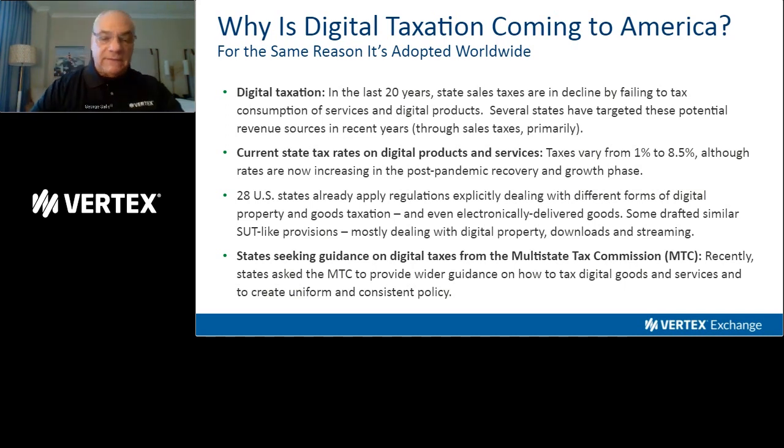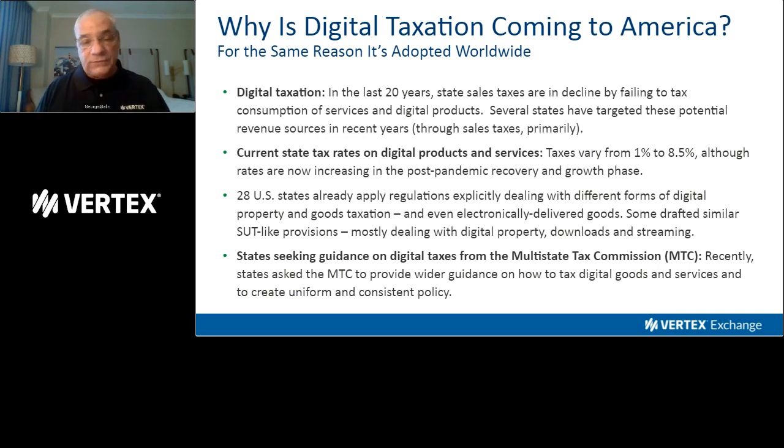They've been seeking that guidance with a bit of caution, because they don't want to signal ahead what they are going to propose, but they've been seeking guidance from the Multistate Tax Commission, and also from COST, the Council on State Taxation. If you go to either of the websites, you're going to see how they are advising the states to approach digital taxation in the United States in a uniform manner.